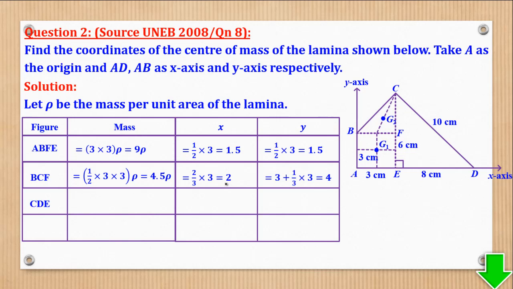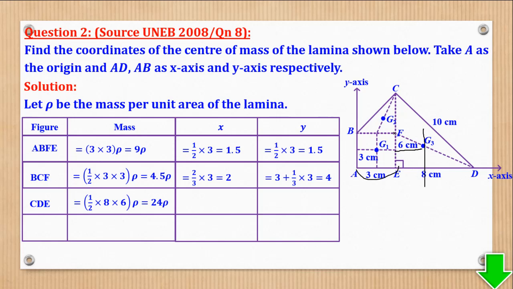Then next will be triangle CDE. CDE still, area is a half base height times rho to get weight, which is 24 rho. Then here, I want to first get the x coordinate. So from here to here, I already know it is 3. What about from here up to here?